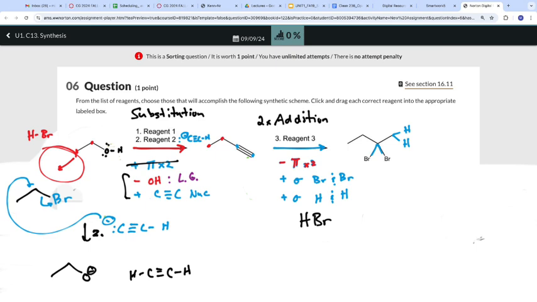Okay. Could we do Br2? How does Br2 react? It can do radicals, which should already be a red flag.